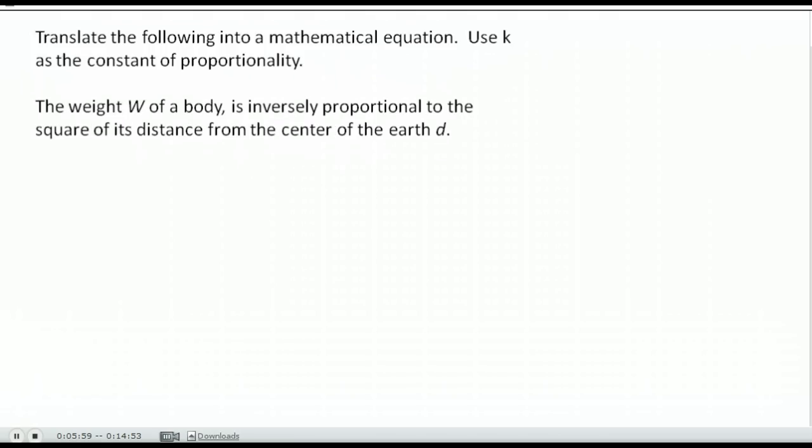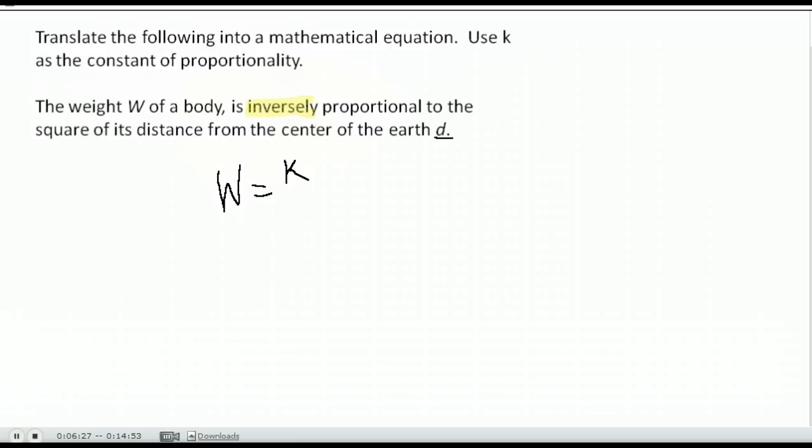All right, here is another example, and you just, again, want to read through them carefully, highlight any key words. The weight W of a body is, okay, so W is inversely, so we know we're going to be using division here, inversely proportional to the square of its distance from the center of Earth.